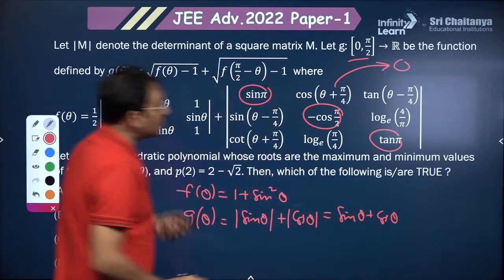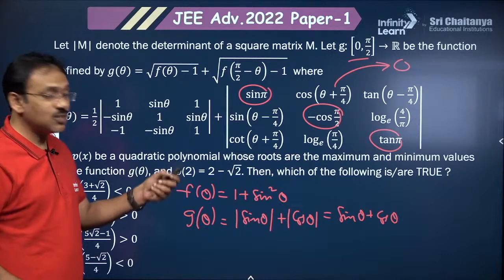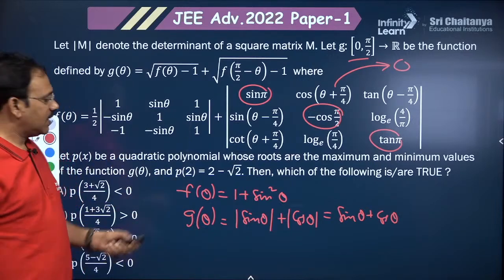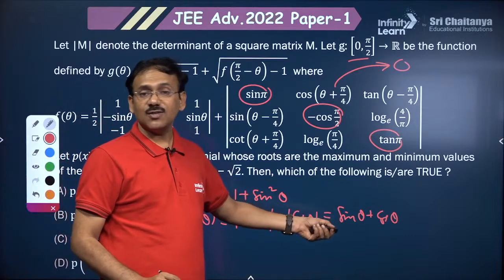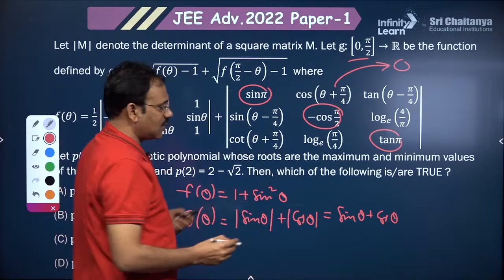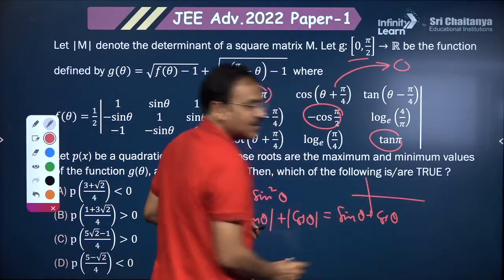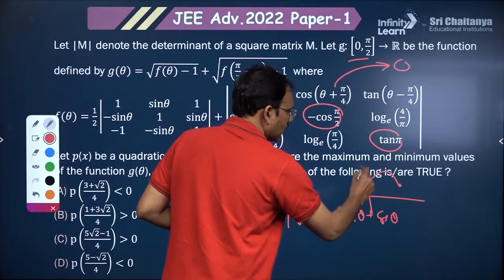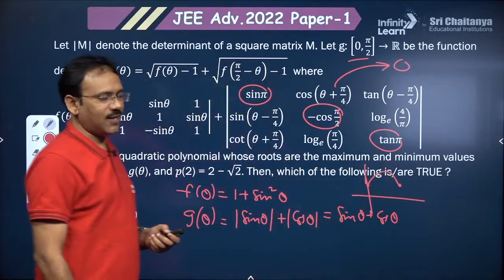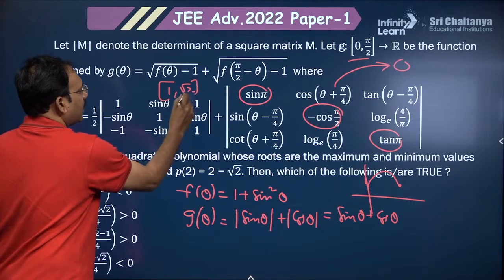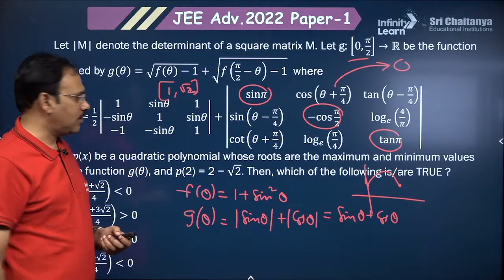When you take this expression in 0 to pi by 2, we need its minimum value and maximum value. Generalized, the range is minus root 2 to root 2, but we are taking theta from 0 to pi by 2 itself. You just take the graph of sin theta plus cos theta from 0 to pi by 2, and you will get the range 1 to root 2. So the minimum value is 1 and the maximum value is root 2.